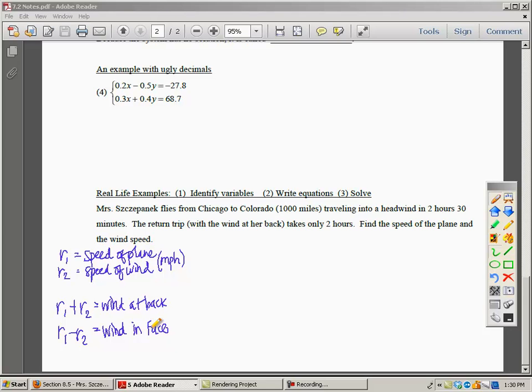So we're going to set up 2 equations, one where we say R1 plus R2 and one where we say R1 minus R2. Now, again, these are speeds in miles per hour, so that might help us with the other information we have. So if I do R1 plus R2, that's the wind at my back. Well, I took 2 hours to do 1,000 miles. So I'm going to take 1,000 miles divided by the 2 hours, and I get the miles per hour speed.